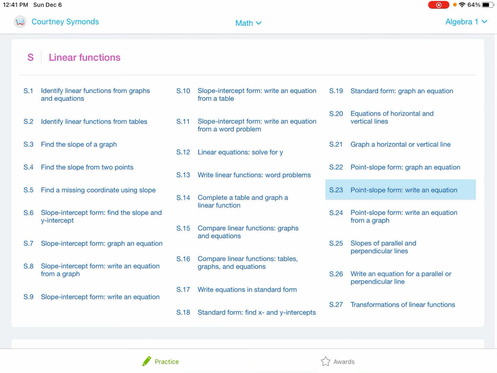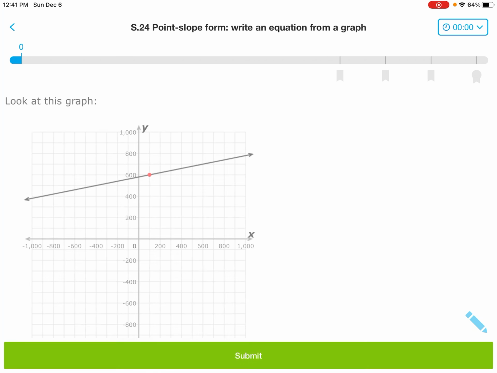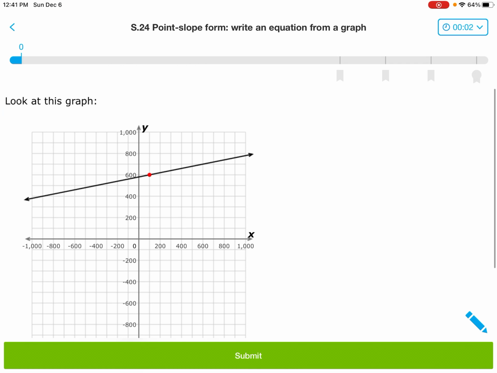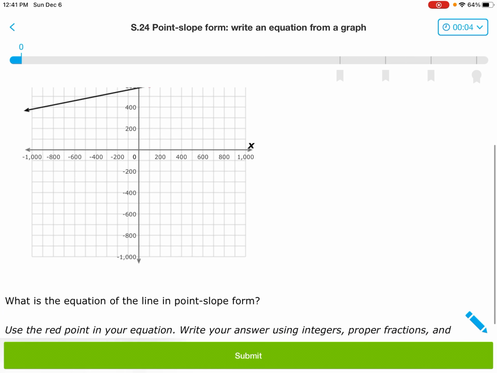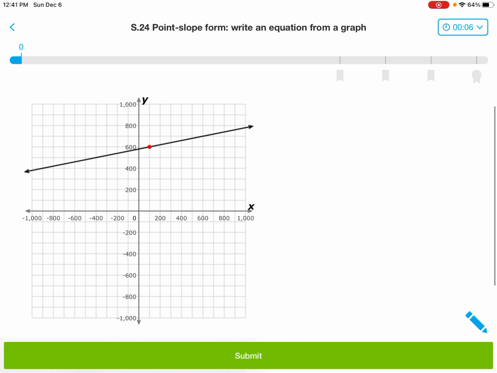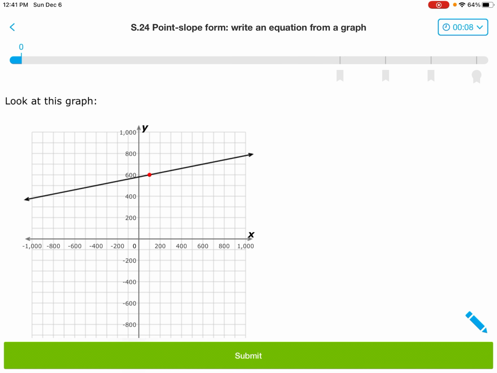Okay, so then let's go to S24. And here we have to write the equation. So this gives us a point here. So if we look at this point, it is at 100, 600. Then we have to find the slope. So I find my 2 points, and we should be experts at finding the slope now.